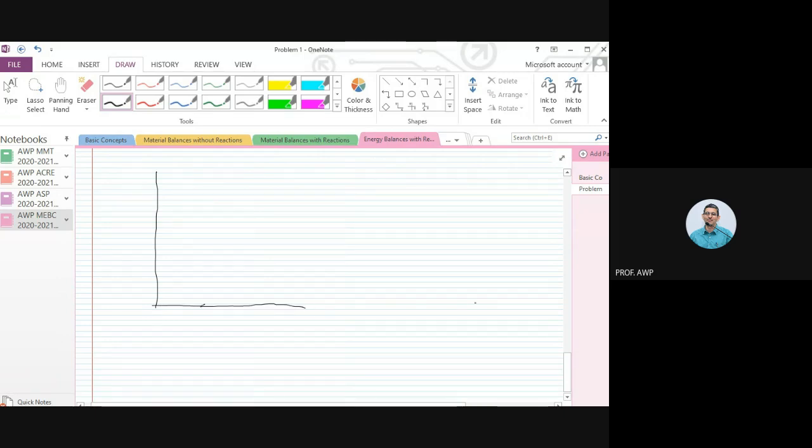Let us try to imagine what is happening in the process in terms of an enthalpy versus temperature graph. So this is our 25 degrees centigrade.